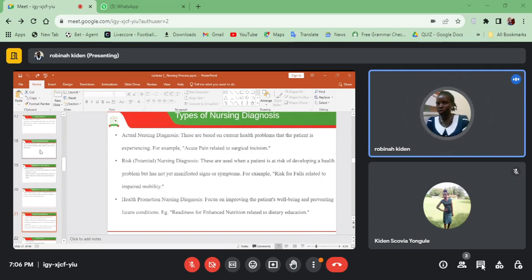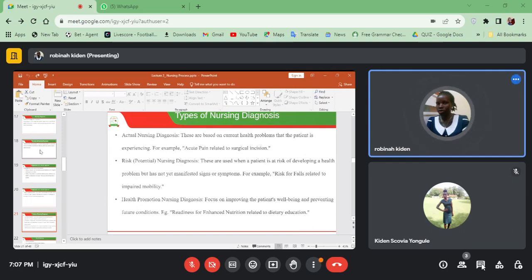The second type is risk or potential nursing diagnosis, and this is used when a patient is at risk of developing a health problem but has not yet manifested signs or symptoms. For example, risk for falls related to impaired mobility.